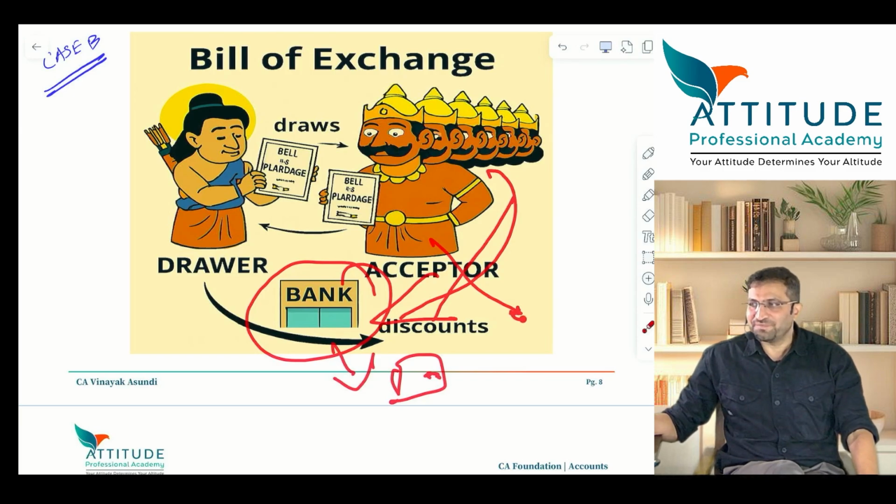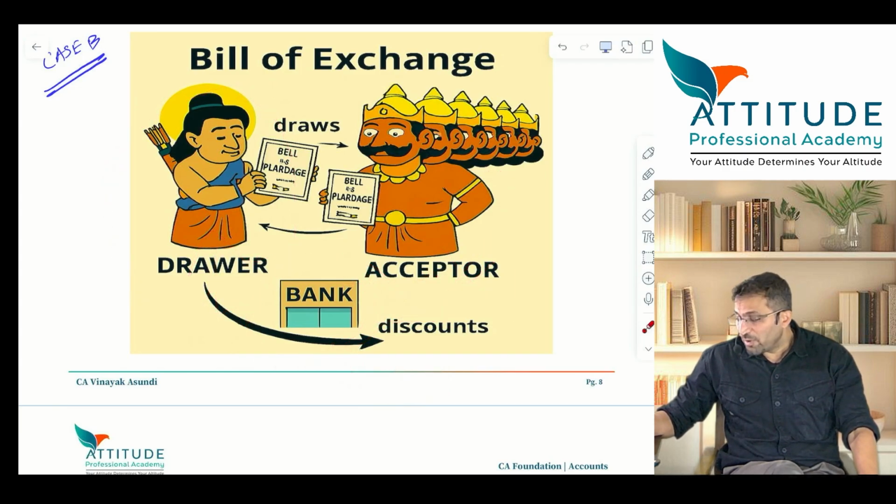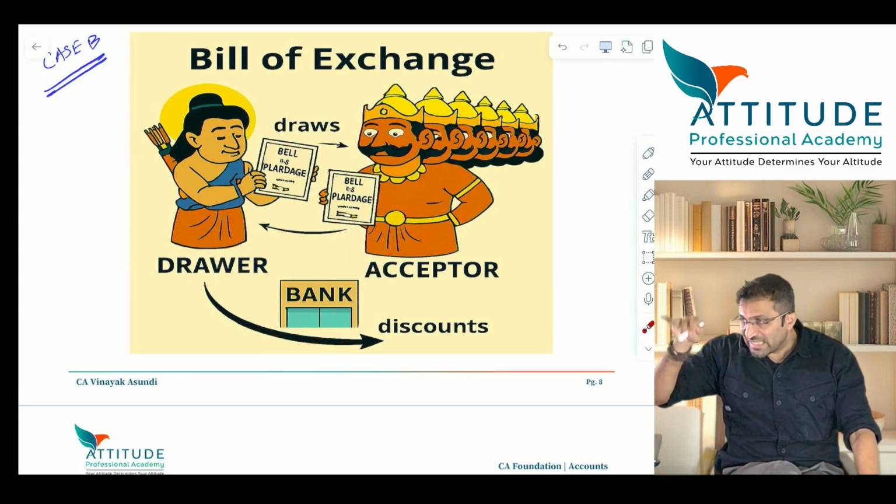Now how will Ram come to know? Ram will come to know only if his banker informs him. Yes or no? The banker will tell Ram, Ravan is a useless fellow, he did not pay me the money. So your banker will directly reduce your bank balance.